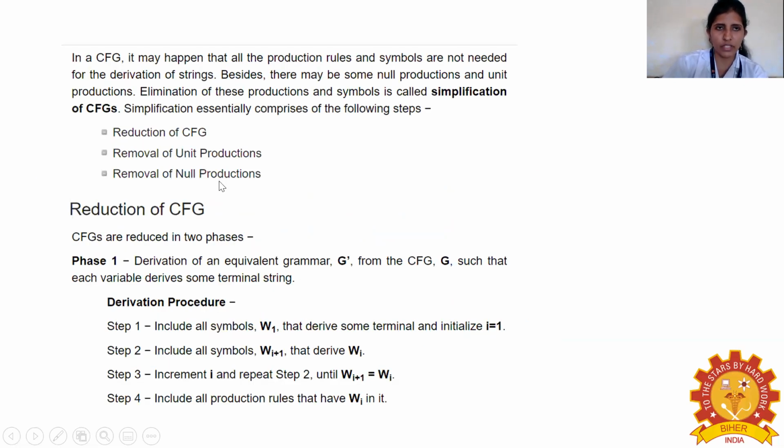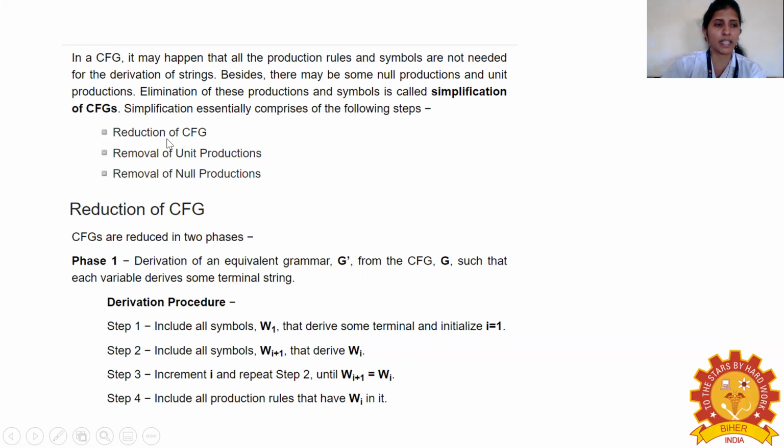So in a CFG, it may happen that not all the production rules and symbols are needed for the derivation of strings. Besides, there may be some null productions and unit productions. Elimination of these productions and symbols is called simplification of context-free grammars. The simplification essentially comprises the following steps.